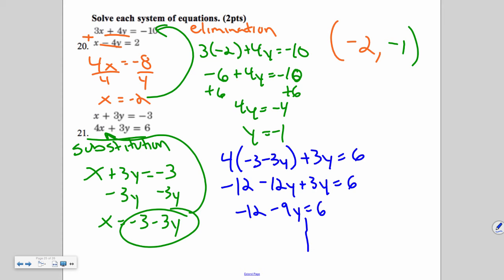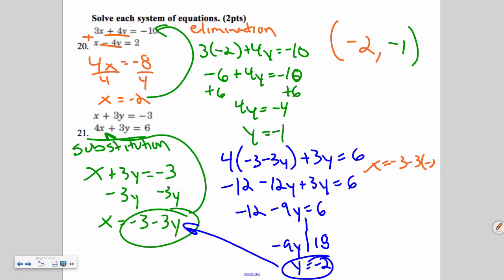Now I'm solving, so I'm going to add 12 on both sides. So I got -9y equals 18. So y is going to be -2. I can then plug that in here. So x equals -3 minus 3 times -2. -3 plus 6, which is 3. So my point for this one is 3, -2.